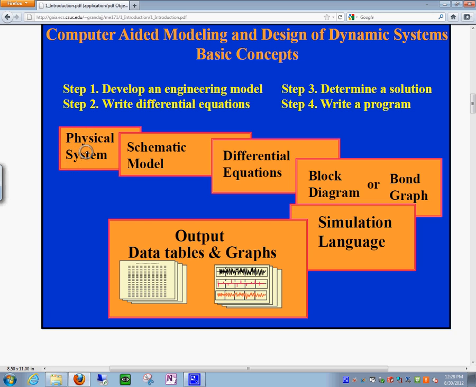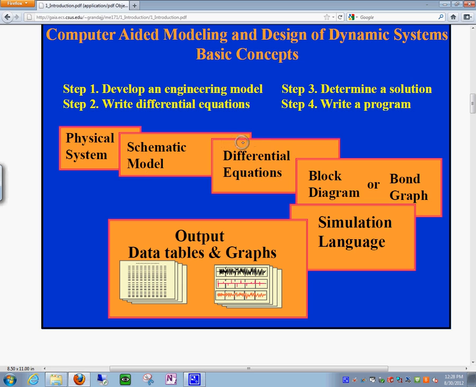In the first step, it talks about the physical system, and then you have some schematic. It says schematic of the model. Schematic is so that we can understand it in our own words, in our own way, how you understand a system. Then you have your differential equations.